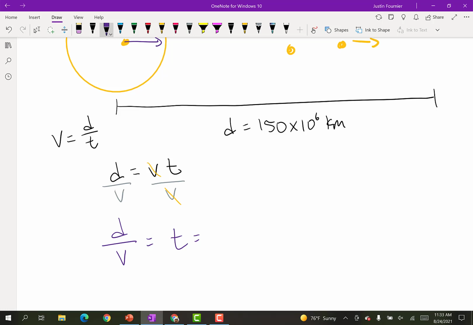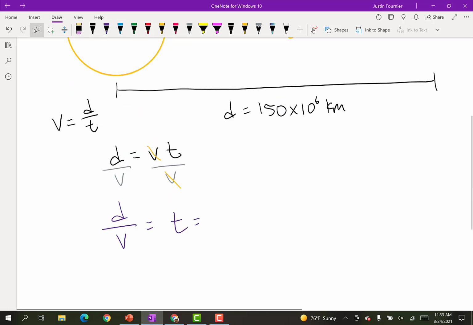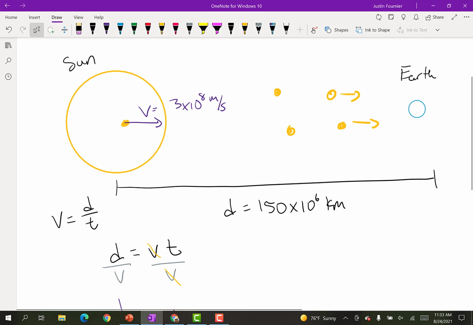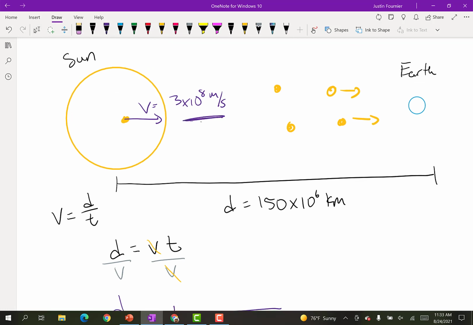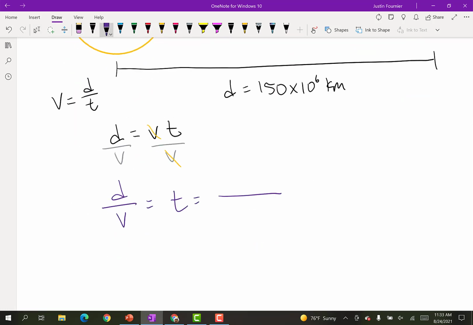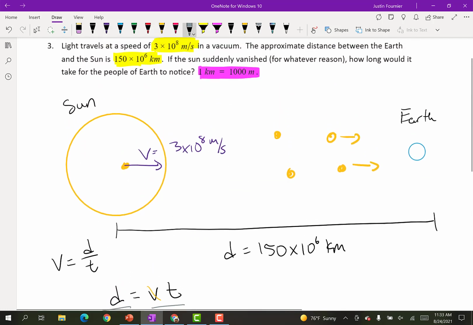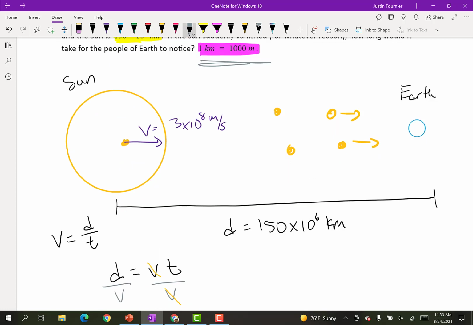So the distance is 150 times 10 to the 6 kilometers, and I know that the speed is 3 times 10 to the 8 meters per second. But the distance is in kilometers, so I need to convert from kilometers to meters. Well, they told me up here that 1 kilometer is 1,000 meters.